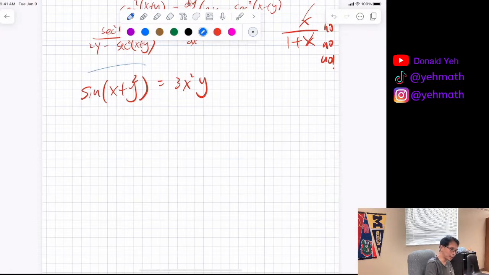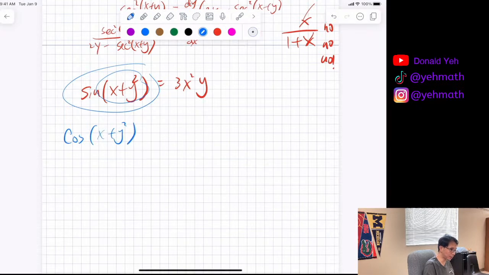I'm going to write down the chain rule here. That's the first bubble and the second bubble here. What's the derivative of sine of x plus y squared? I didn't touch anything inside.